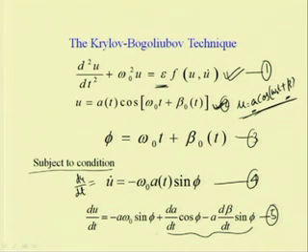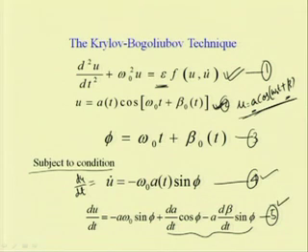To satisfy this, with u equal to a t cos omega 0 t plus beta 0 t, the differentiation comes to be minus a omega 0 sin phi plus dA by dt cos phi minus a into d beta by dt sin phi. So, comparing these 4 and 5.